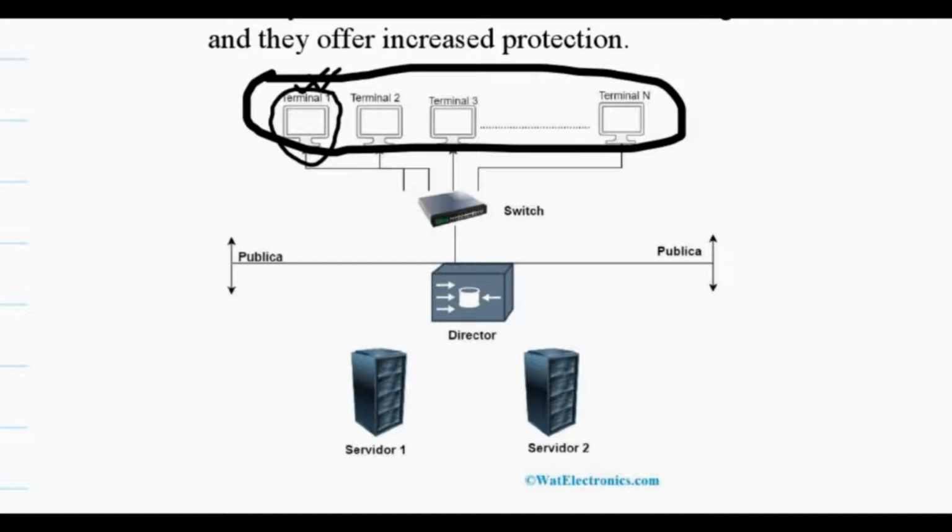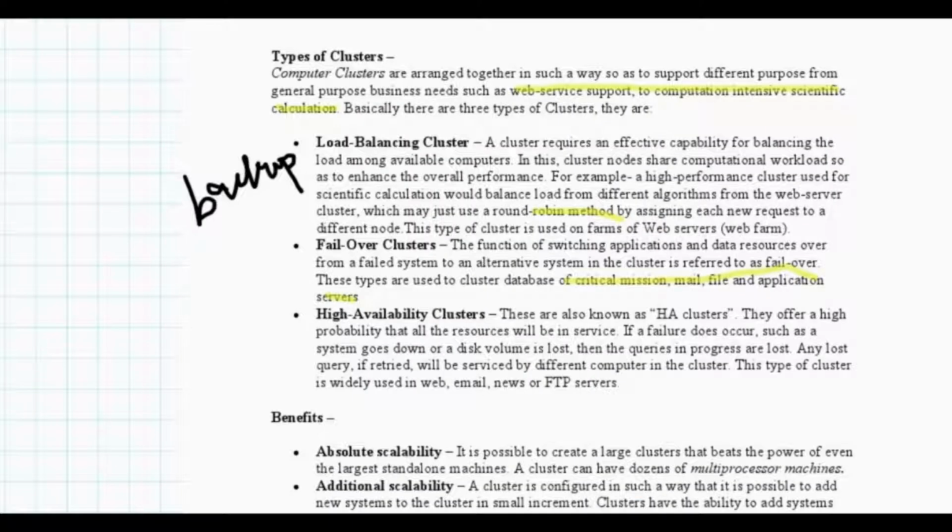You need a backup mechanism by which, when it goes off, you can transfer everything that was in terminal 1 to other terminals efficiently. So in this case, failover clusters become important, which is basically an alternative system for the failed resource.